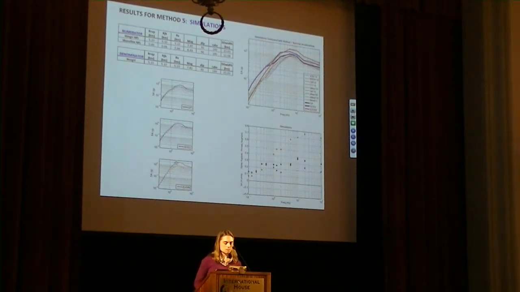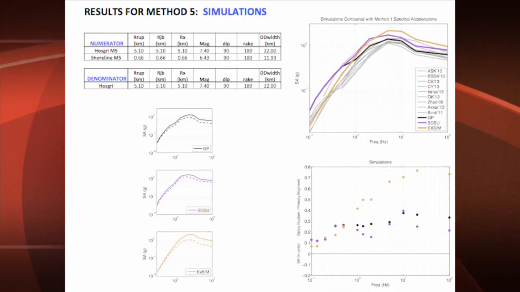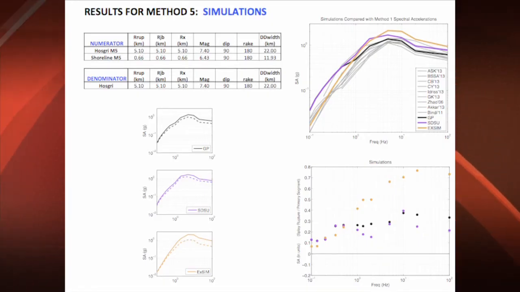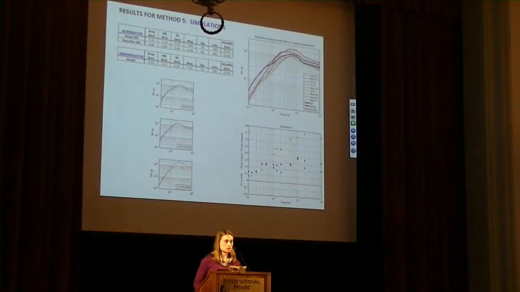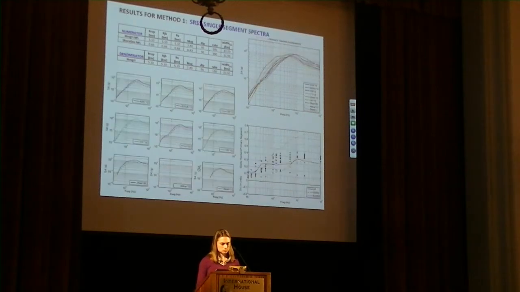Part of this is due to the higher ground motions computed for the splay case, but also XSIM generates lower ground motions for the primary segment by itself. Okay, so these are the plots for method 1.